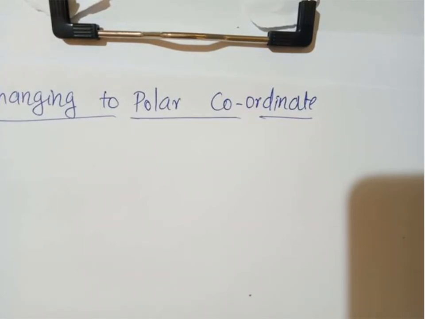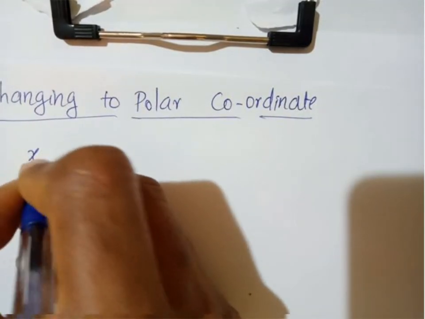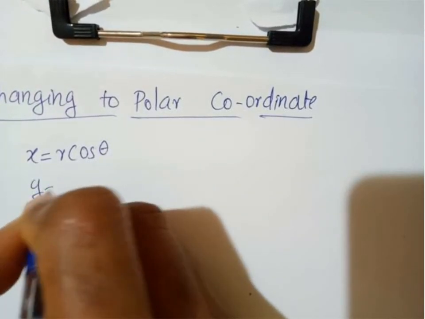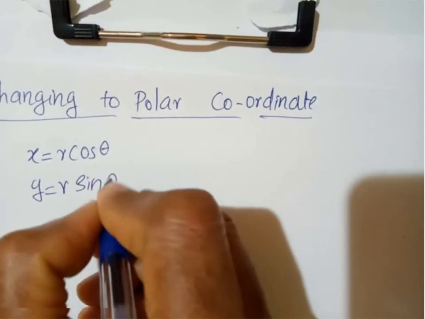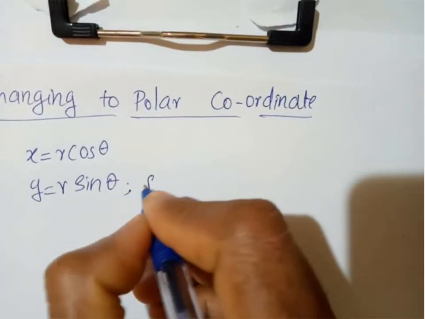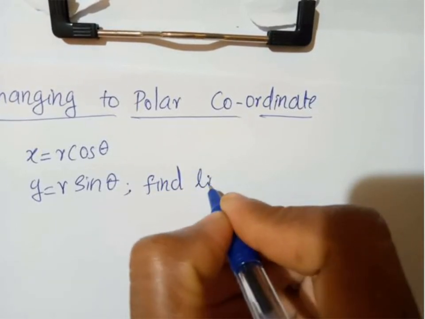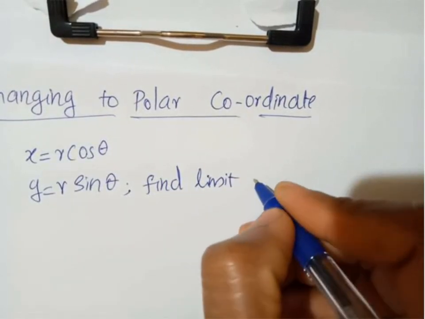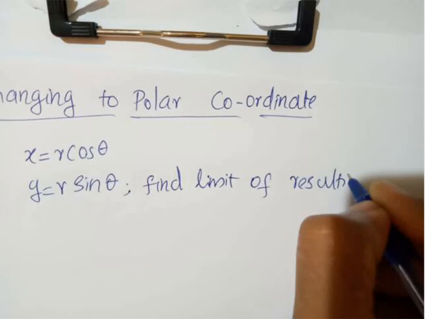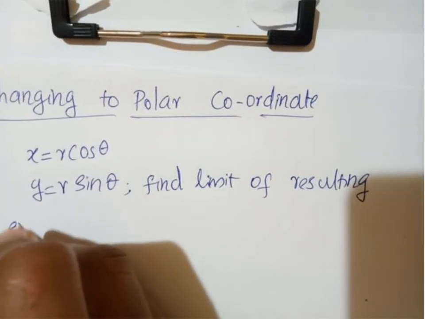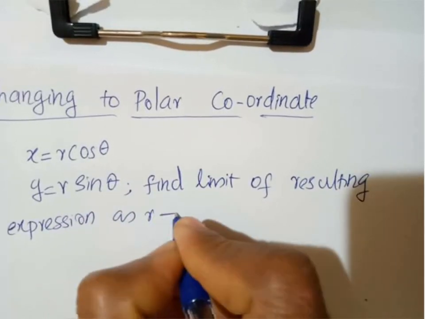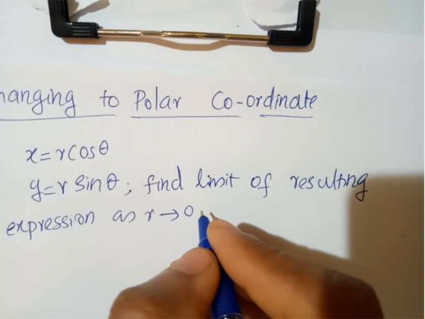The method is to substitute x = r cos theta, y = r sin theta, and investigate or find the limit of the resulting expression as r tends to 0.